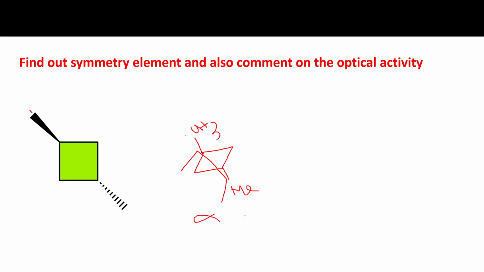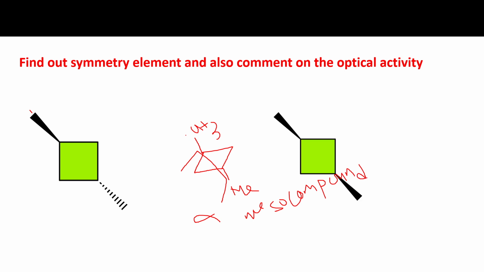So this molecule is a meso compound and they are optically inactive. The relation between these two, cis and trans, is diastereomer to each other.